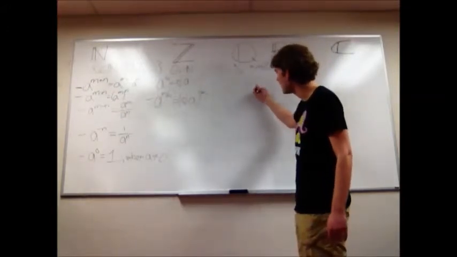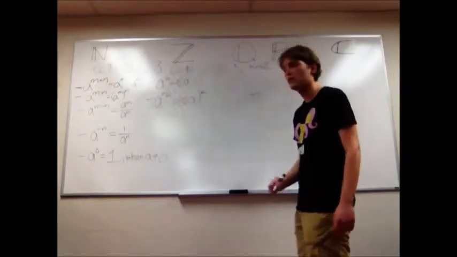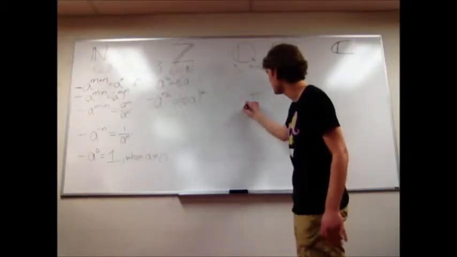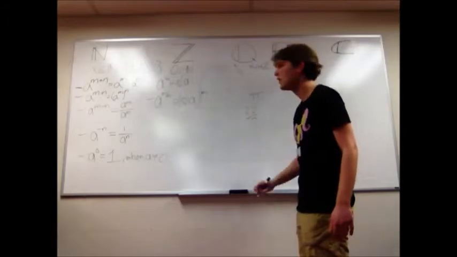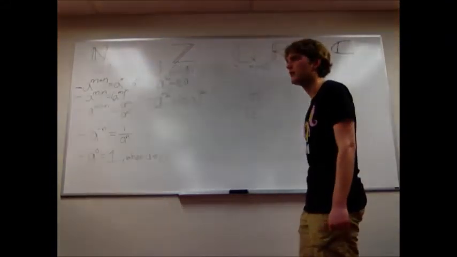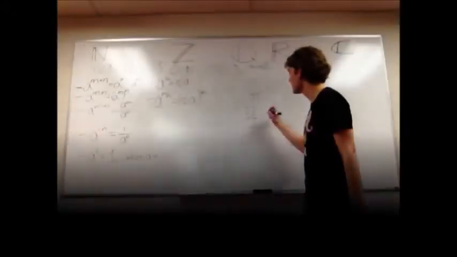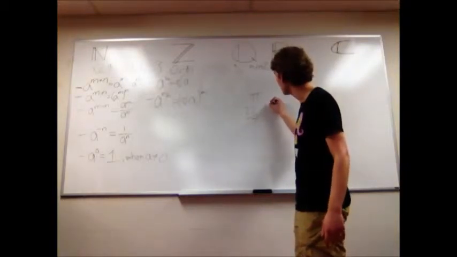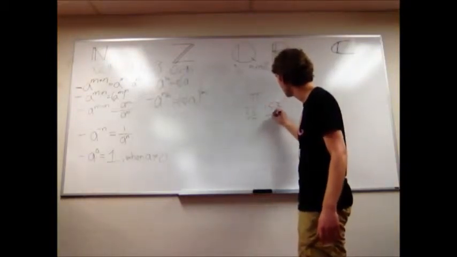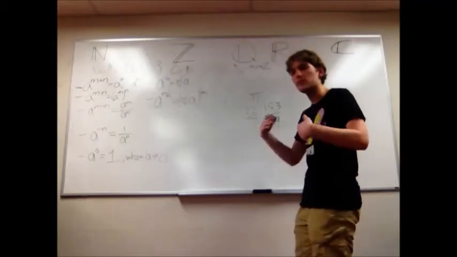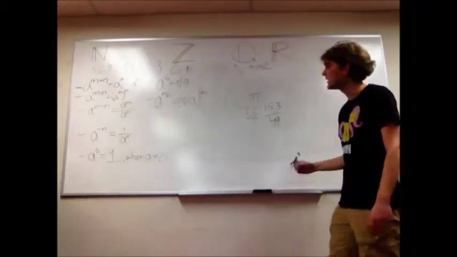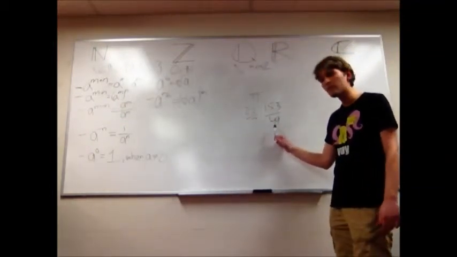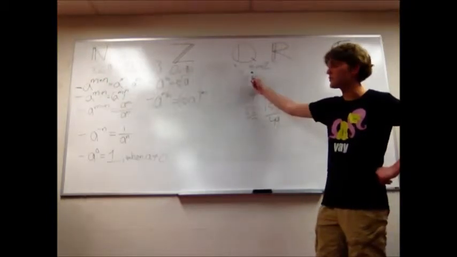So if we wanted to look at getting close to pi, we can pick values closer, like 22 over 7, or even closer, 153 over 49, and you just keep getting closer and closer like that. And you take the limit of these values using our rational expression here.